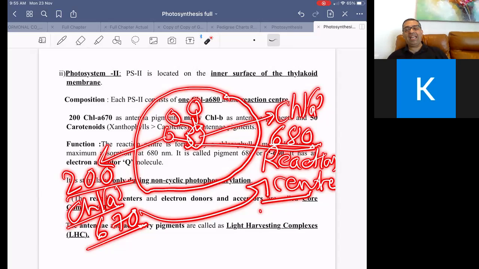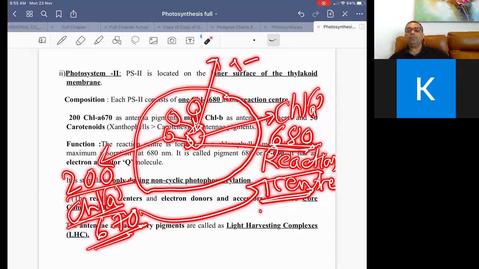Chlorophyll A 680. और accessory कौन है? 200 chlorophyll A 670. तो 670 nanometer पे 200 chlorophyll A's will get excited and jump and transfer the energy to chlorophyll A 680, which is called reaction center, and 680 nanometer pe electron will get excited and jump. So that is the logic.